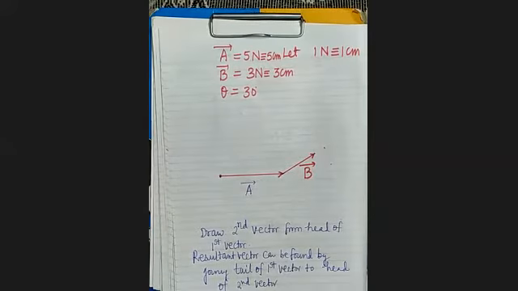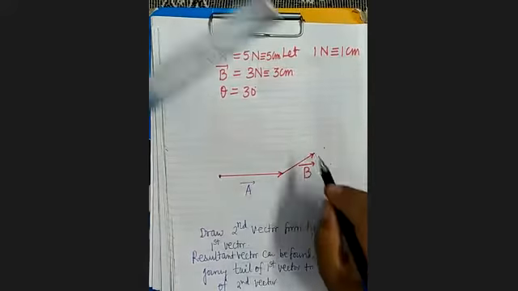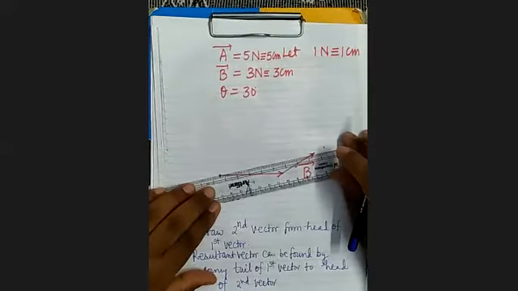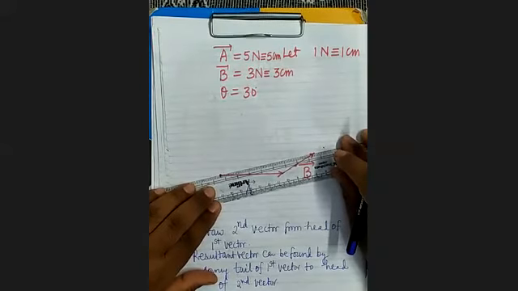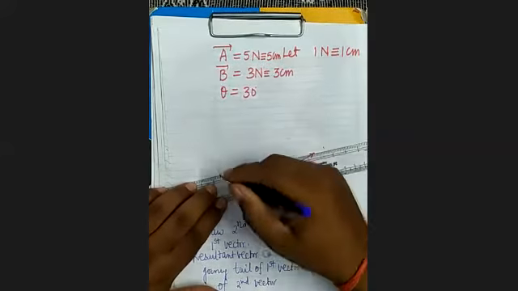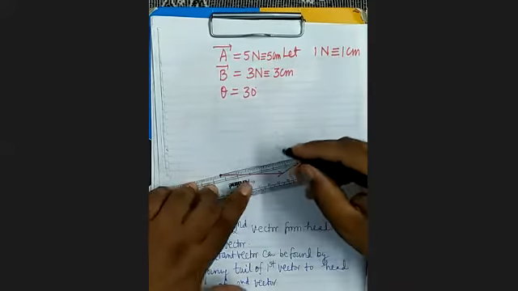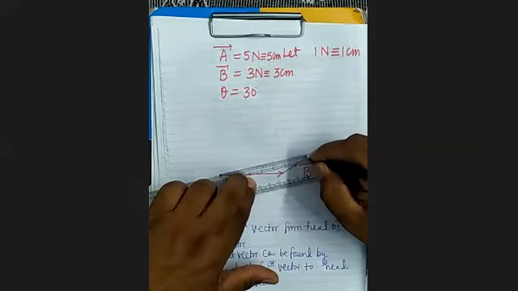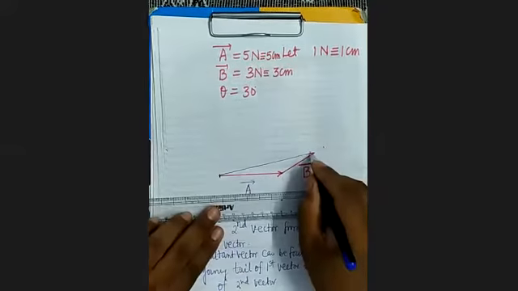Means from tail of first you join to the head of second. It will represent the resultant in magnitude as well as in direction.